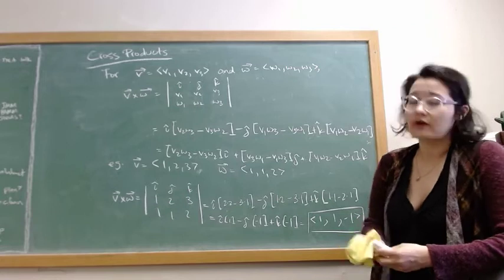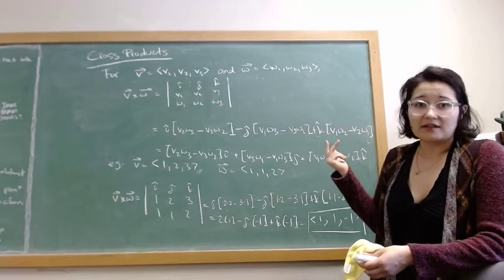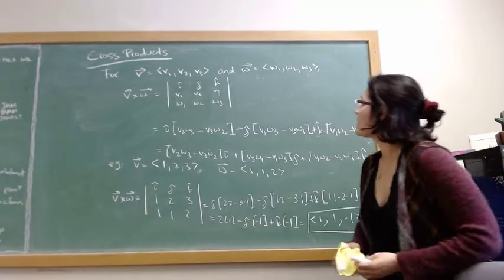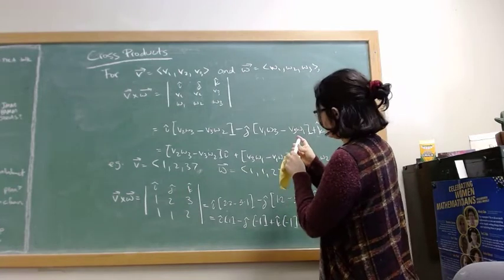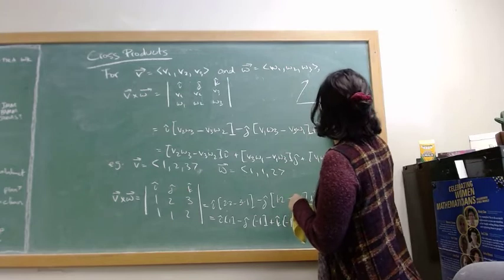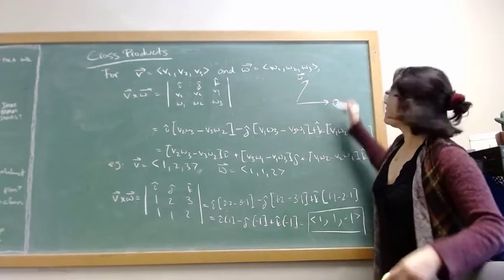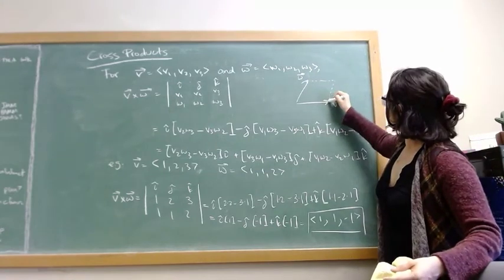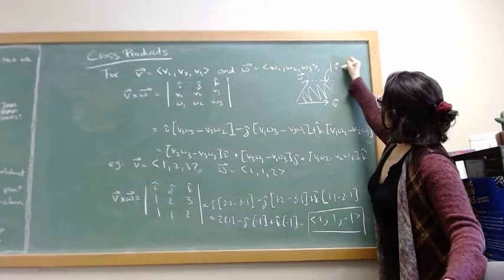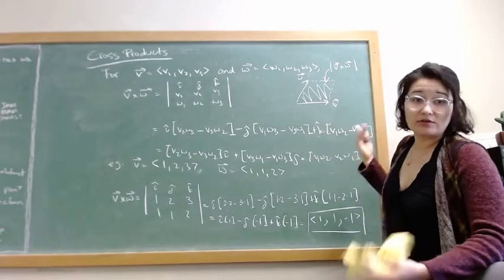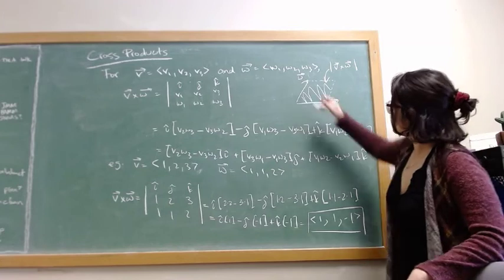There's a couple properties of cross products that we used. The cross product between two vectors is the area of a parallelogram formed by them. So if that's v and that's w, the magnitude or length of v cross w is the area of this parallelogram I sketched.